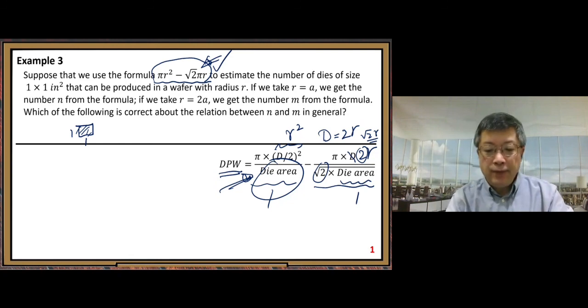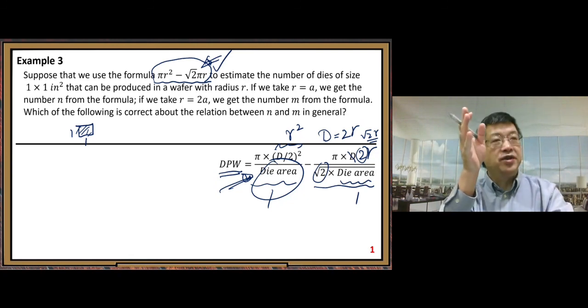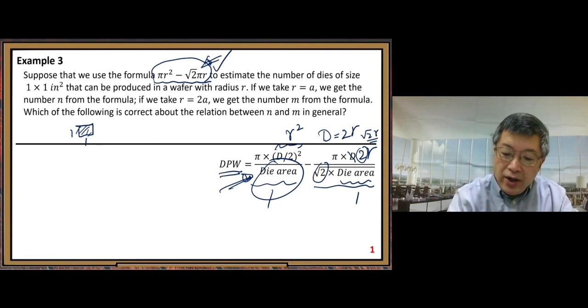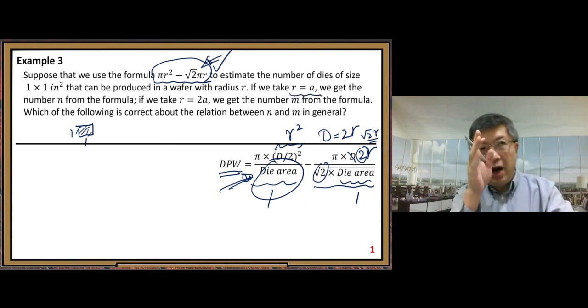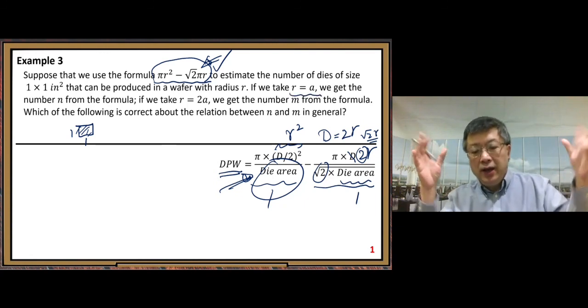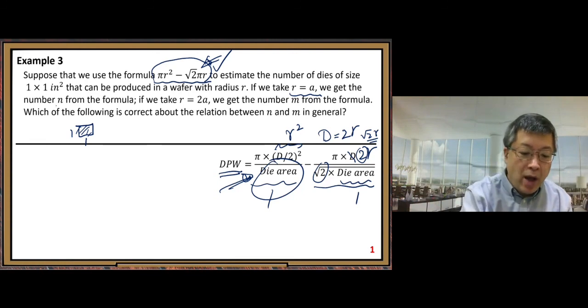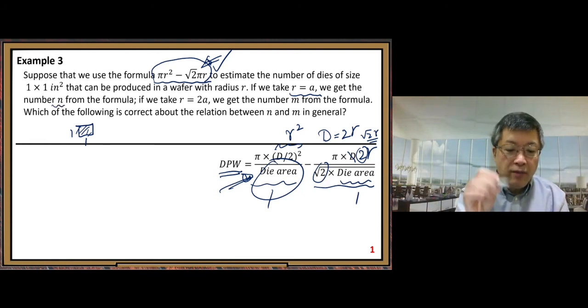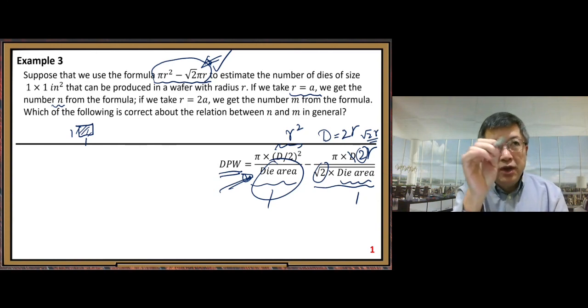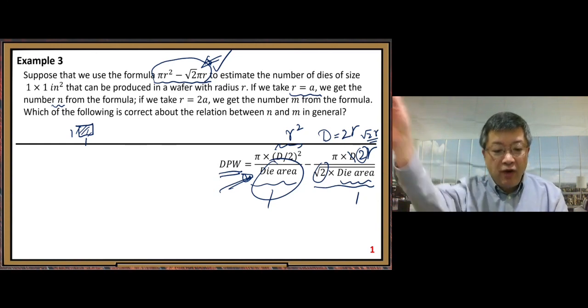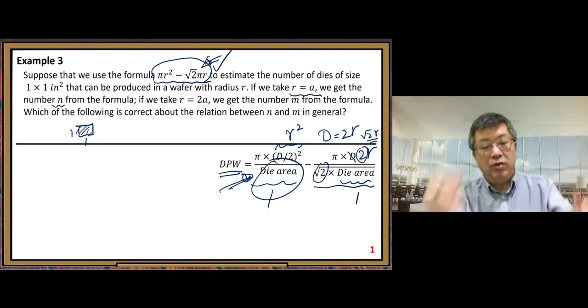Look at the question. If we take R equals A the first time, diameter A, we get the number N of dies on this wafer from that formula.